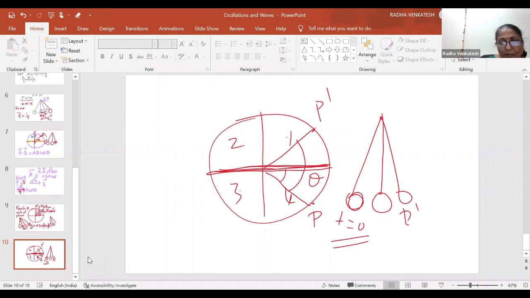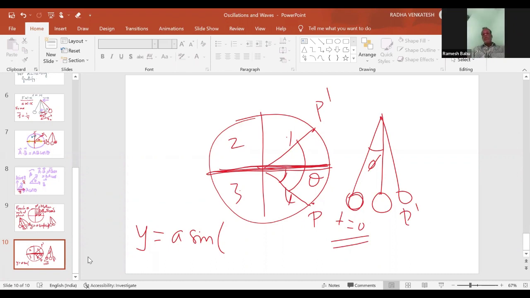What is this other angle for me? That is phi, the initial phase. So now if I write y, I will write it as a sine. Again remember, for the sine function the angle is to be measured only from the positive x-axis to that point.